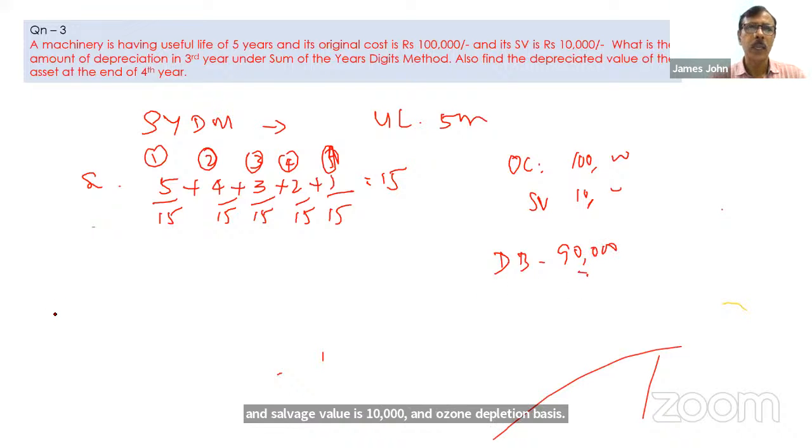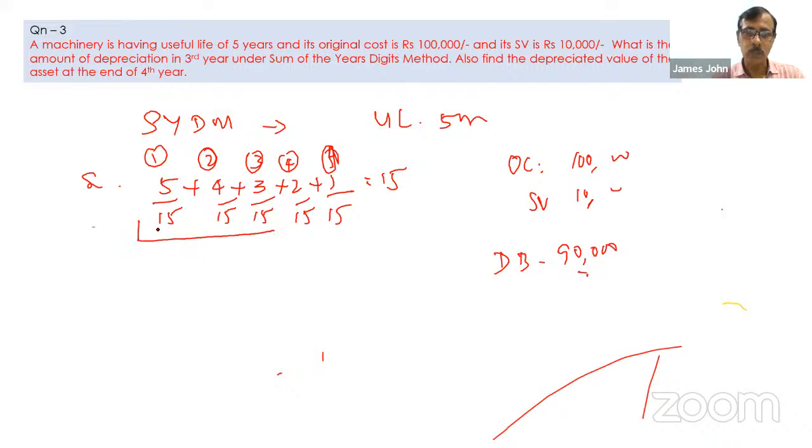Now, what is the first question? What is the amount of depreciation in third year? So look at the question. Sometimes the question may be, what is the depreciation up to third year? If so, you have to calculate first year, second year, and third year.